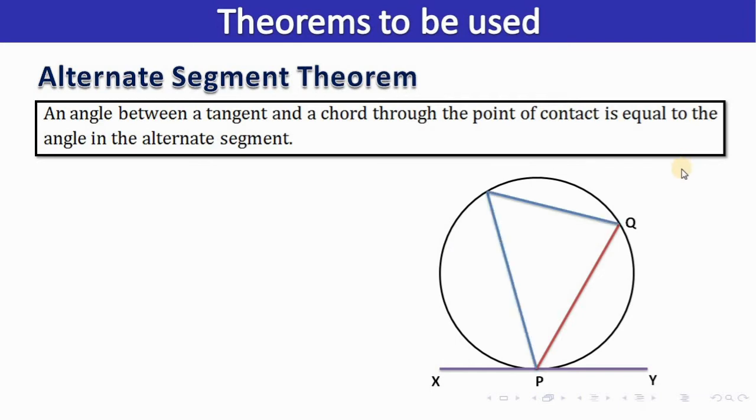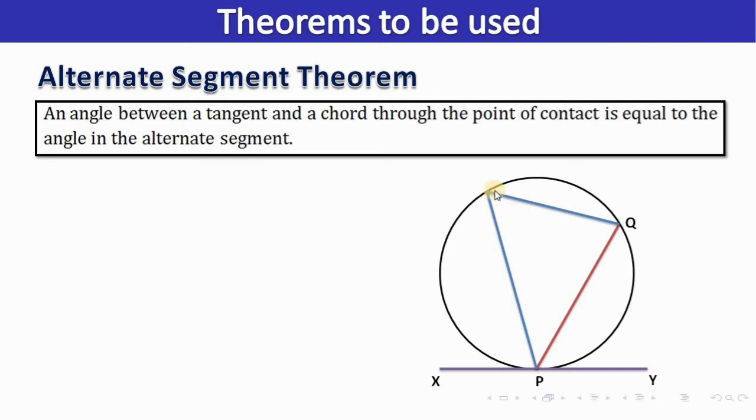Okay, so in this case I am choosing this point and I am forming this angle. Okay, so this is the angle formed in the alternate segment. So that means this angle, the angle between the chord and the tangent, will be equal to the angle in the alternate segment, that is angle in the alternate segment is this, right?